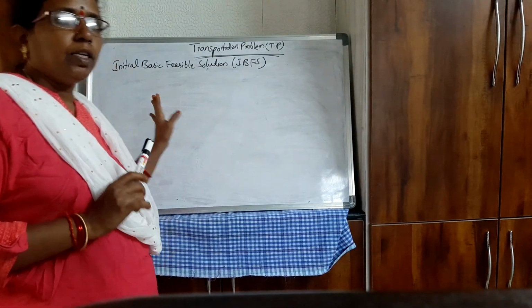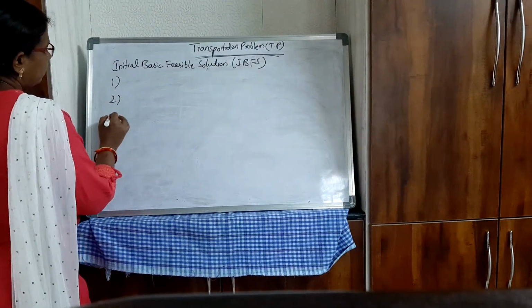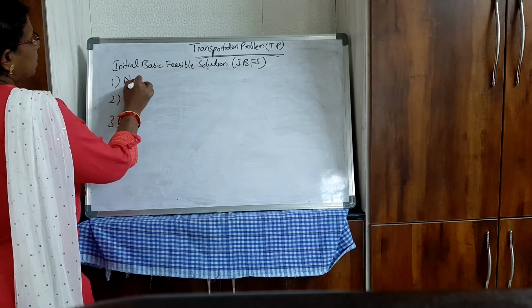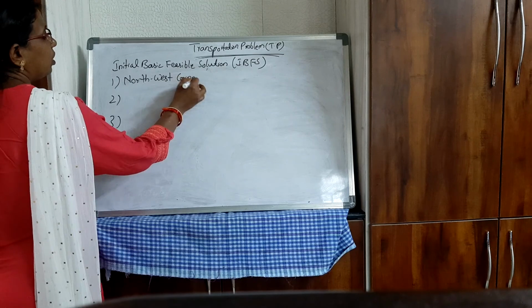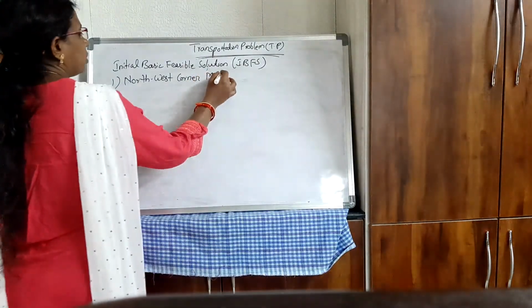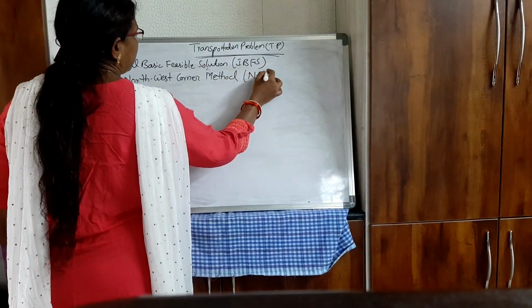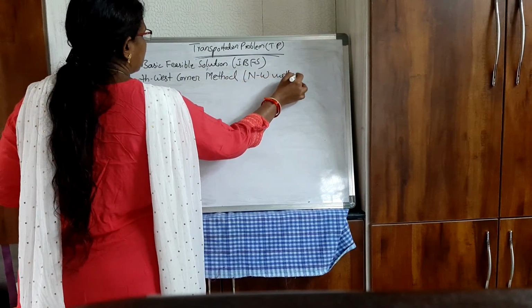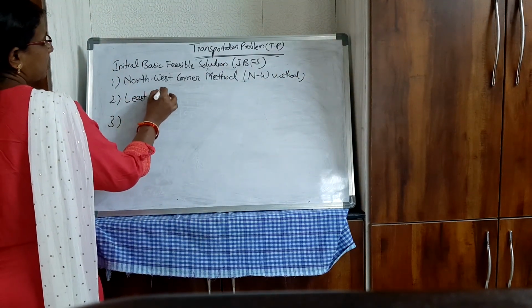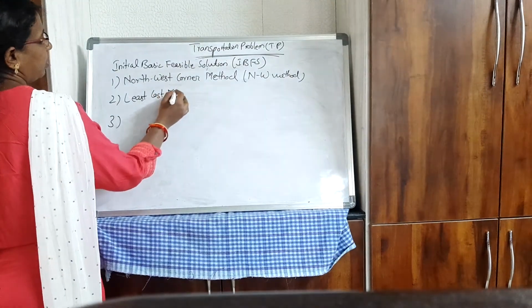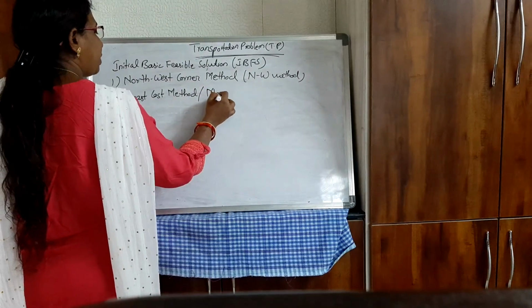To find this initial basic feasible solution in a transportation problem, you have three methods. First one is the northwest corner rule, or simply we call it the NW method. Second, you have the least cost method, also called the matrix minima method.